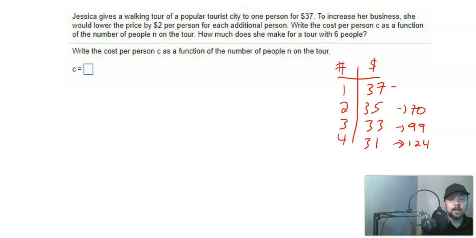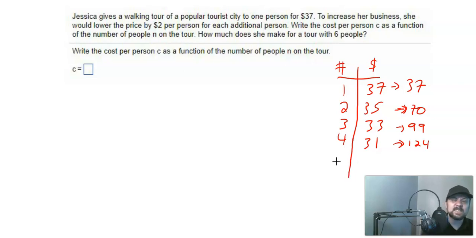Now, it's kind of an interesting situation to explore as far as if you wanted to know what number of people would maximize the revenue. So I'm sorry, I know we're trying to get to the end of this video, but there's this really interesting aspect to this problem, which is at some point, this price is going to drop really low. So let's see if we can find where that point would be.